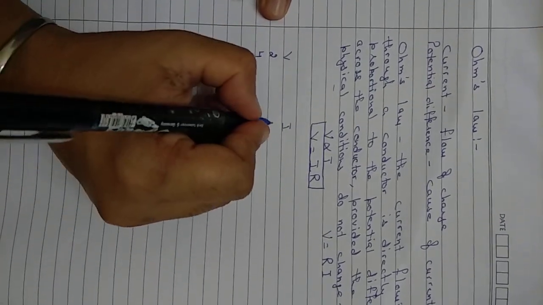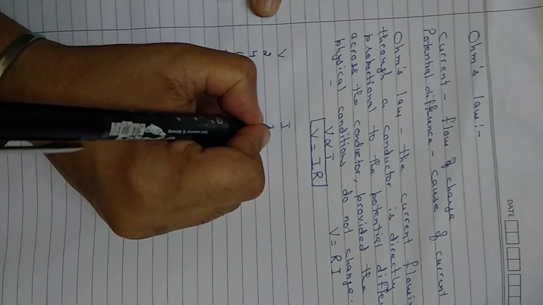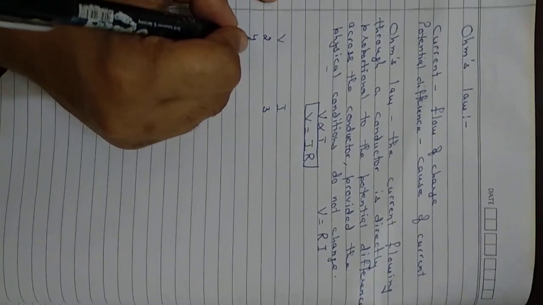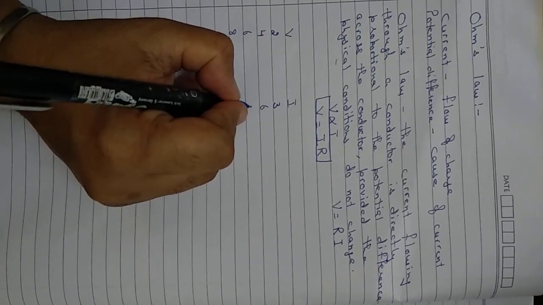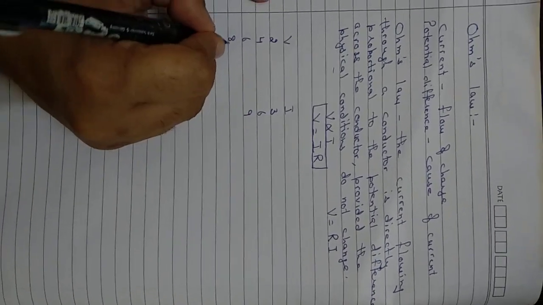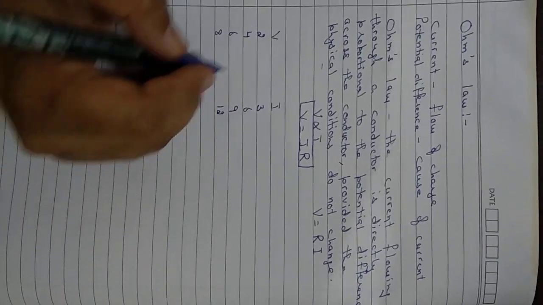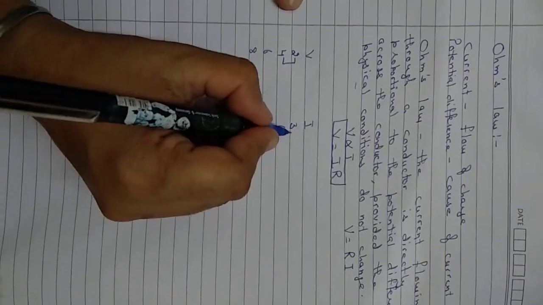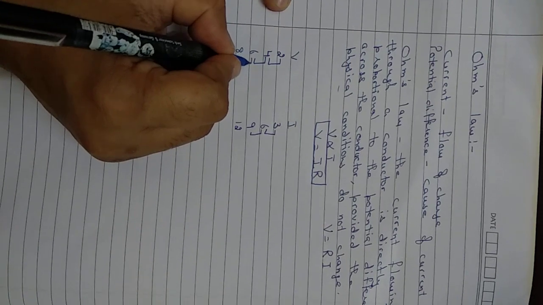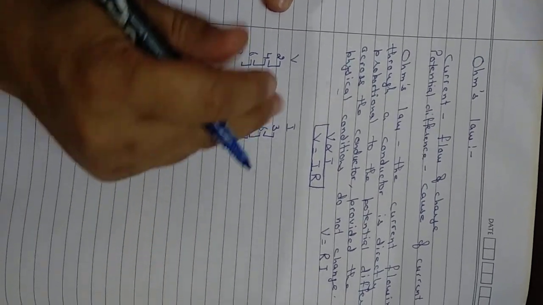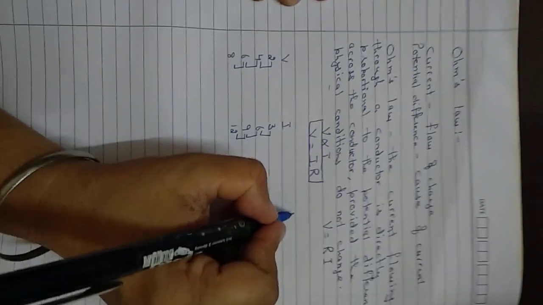When the potential is 2, the current is 3 ampere, when the potential is 4, current is 6 ampere, when the potential is 6, current will be 9, when it is 8, current will be 12. So it is increasing by 2, and it is increasing by 3 at every step. So this is called proportional. So V is proportional to I. V is equal to I into R.